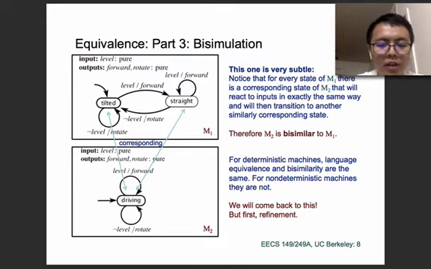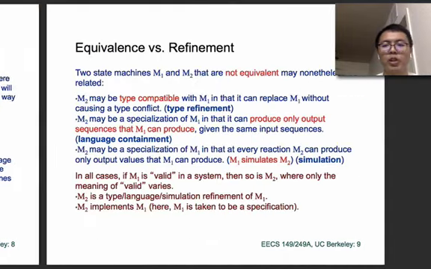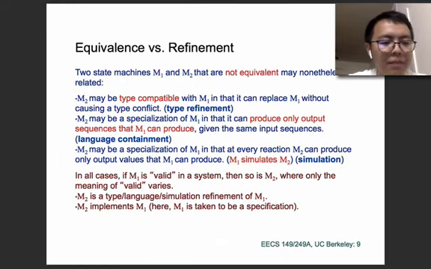But first, we will go into refinement, and it's very interesting because refinement is a weaker concept than equivalence, because it does not require symmetry. Two state machines M1 and M2 are not equivalent, but M2 may be related to M1.